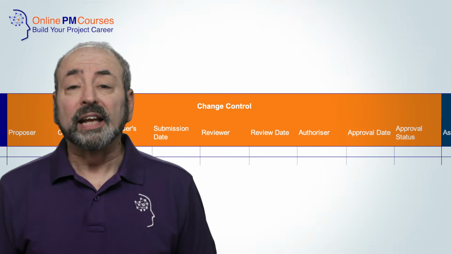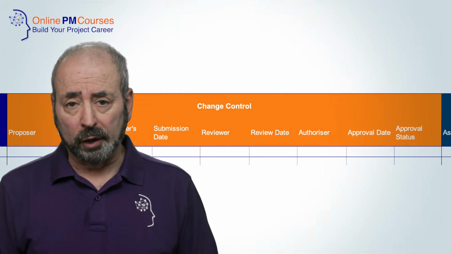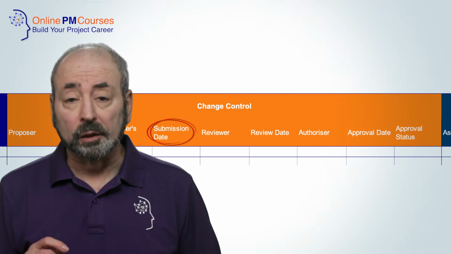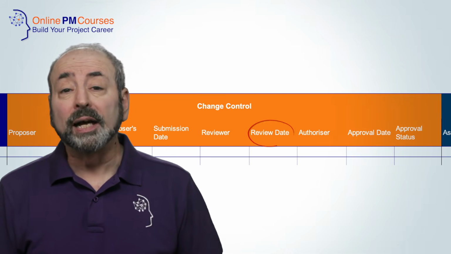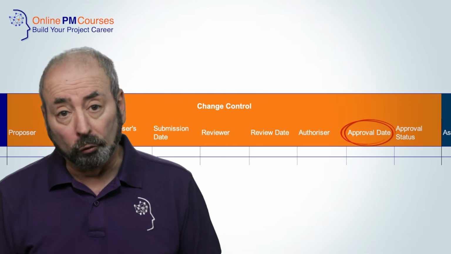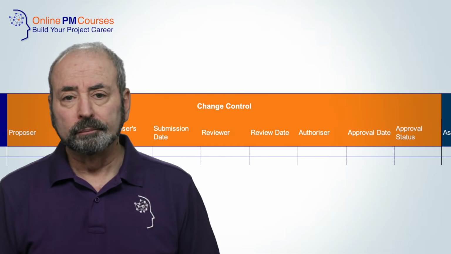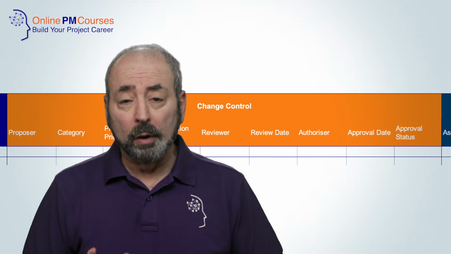Next, dates help to create a robust audit trail. Here is the submission date, and further along you can also find a review date and an approval or rejection date. We also record the name of the reviewer.